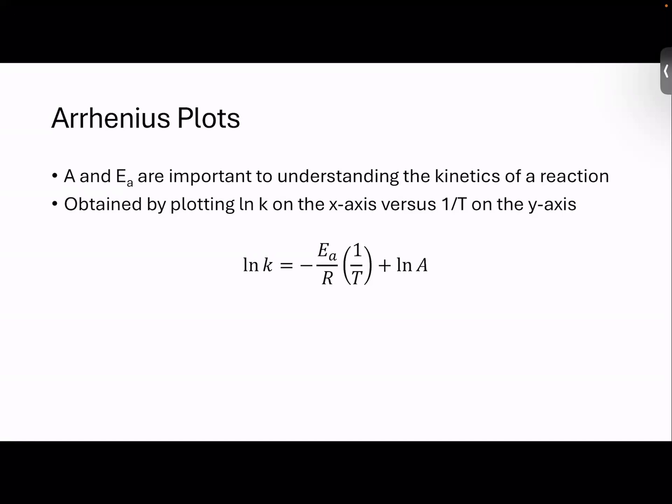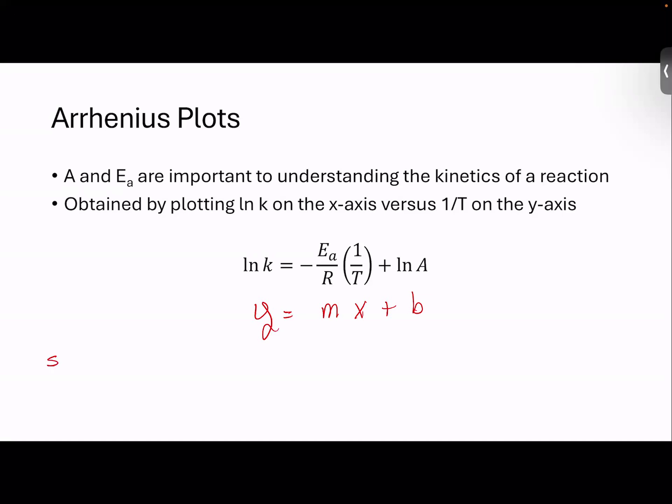When you take the natural log of the original equation and rearrange, you get the natural log of the rate constant is equal to a negative energy of activation over R times 1 over temperature plus the natural log of our frequency factor. Or in other words, we get y equals mx plus b.